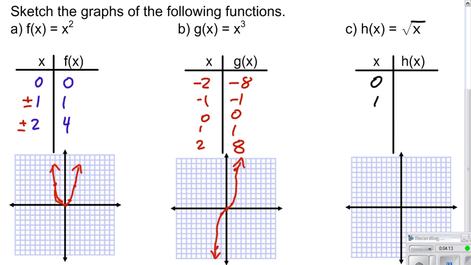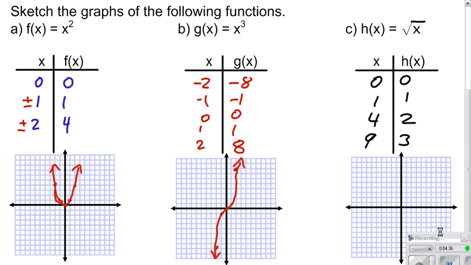So we'll go 0, 1, jump up to 4 because there's a square root, and then 9 because there's a square root of 9. Square root of 0 is 0, square root of 1 is 1, square root of 4 is 2, and the square root of 9 is 3.